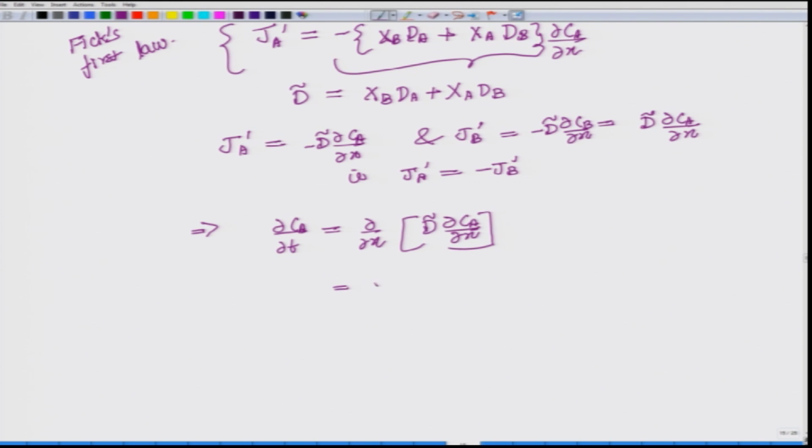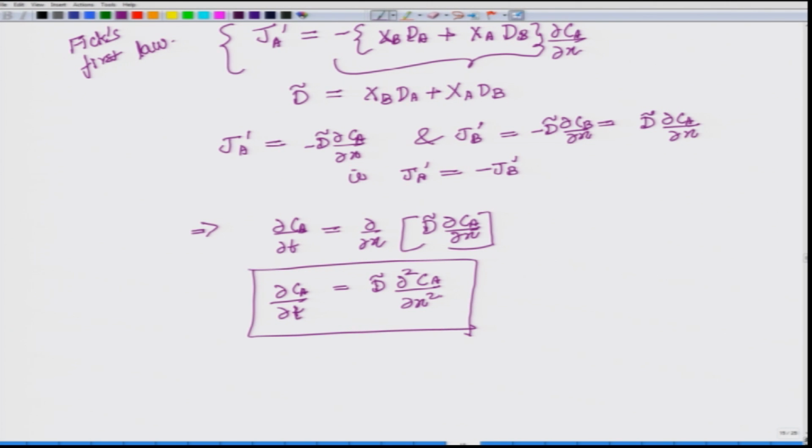So, assuming that it is constant over the range of interest, this becomes, so this is the continuity law, which is also known as Fick's second law.